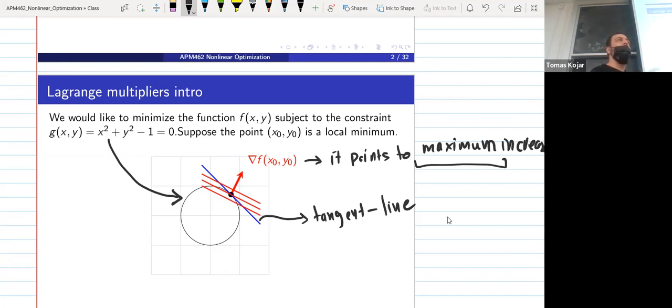That's it, the entire week's material. That's the intuition: if this was a local min, this would be the direction of greatest increase. Questions?